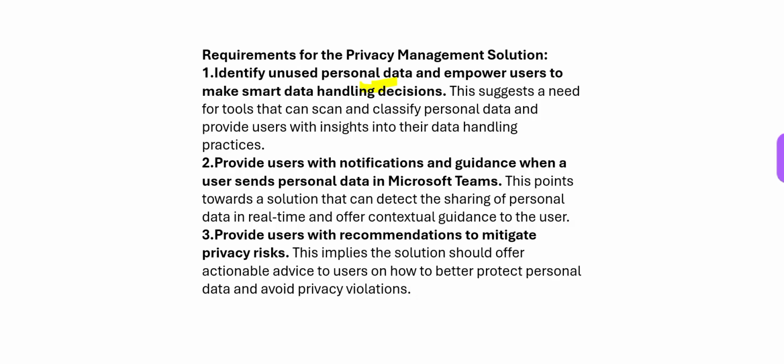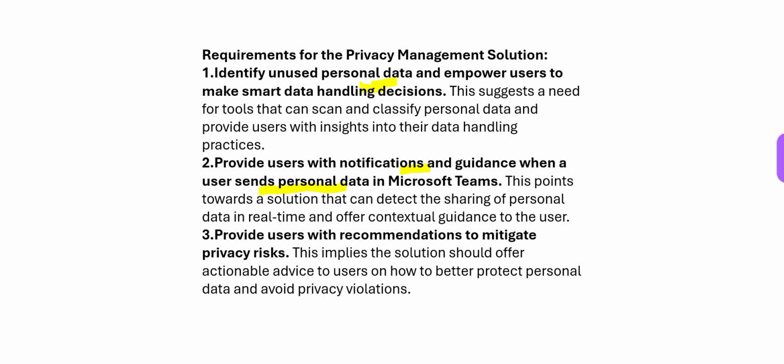So here, the second requirement is you provide users with notifications and guidance when a user sends personal data in Microsoft Teams. So a user is sending some personal data, then it will alert, because by mistake or intentionally you are putting your credit card number or social security number here.